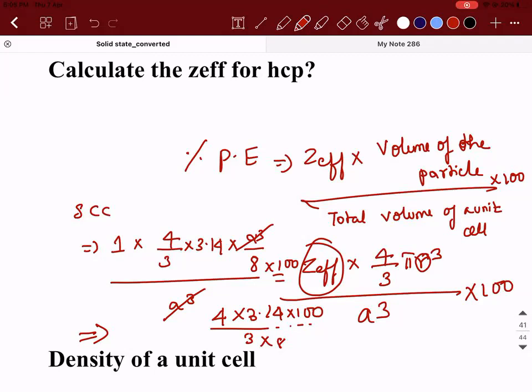Exactly. So here you can see the amount of space that is occupied by the void is more. It's around 47 percent, so it is a larger number. So this SCC's packing efficiency will be less efficient. Now do it for your BCC.